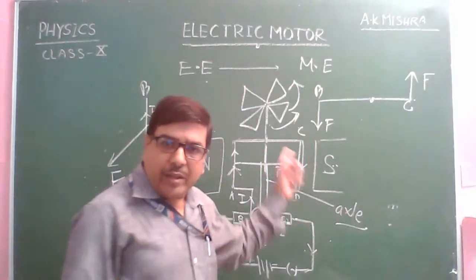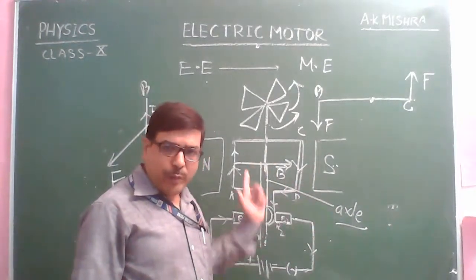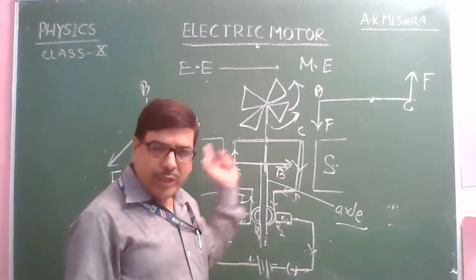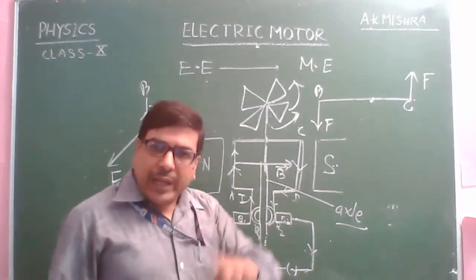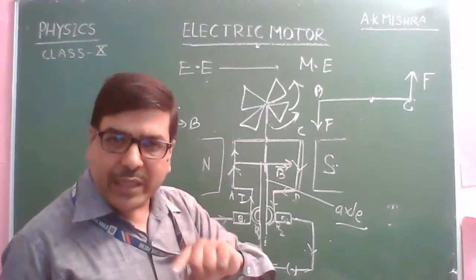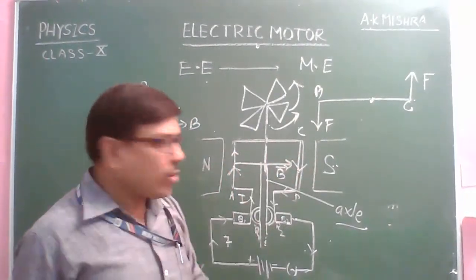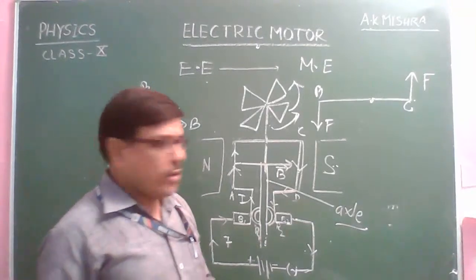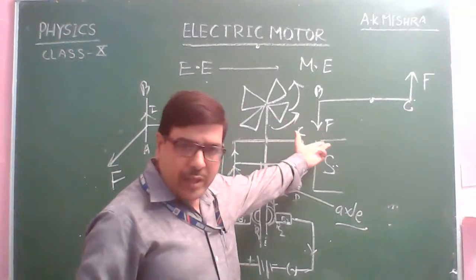That's why the rectangular coil continuously rotates without breaking itself. It completely rotates constantly without breaking, because a pair of forces acts on it. That is torque. You will study it in higher classes.